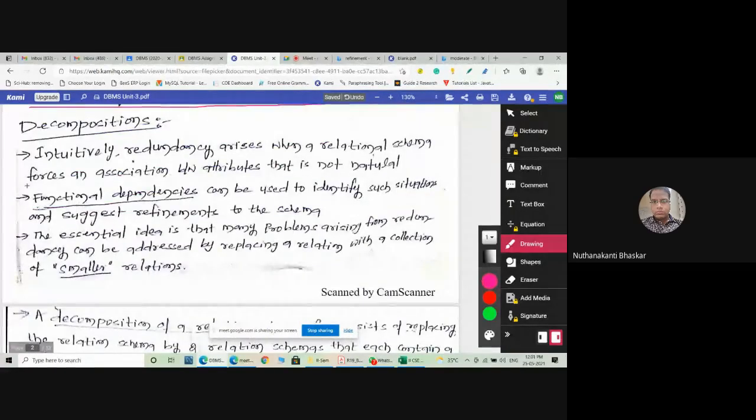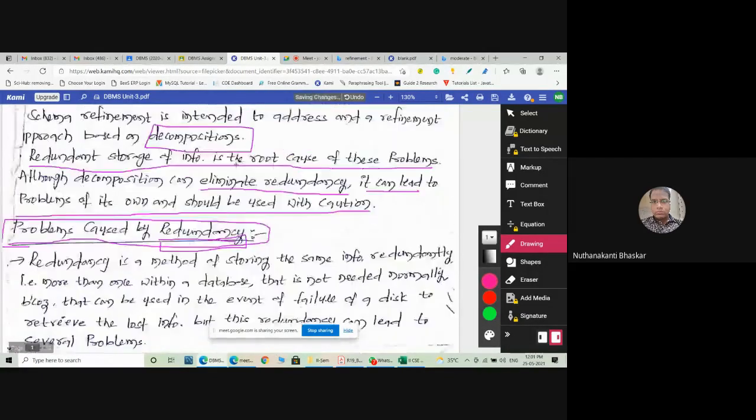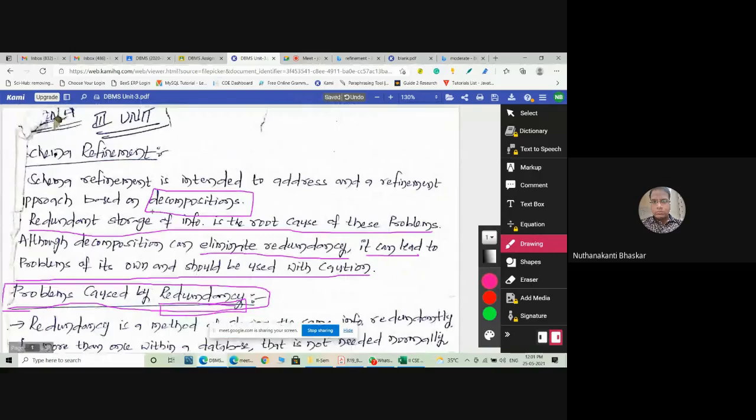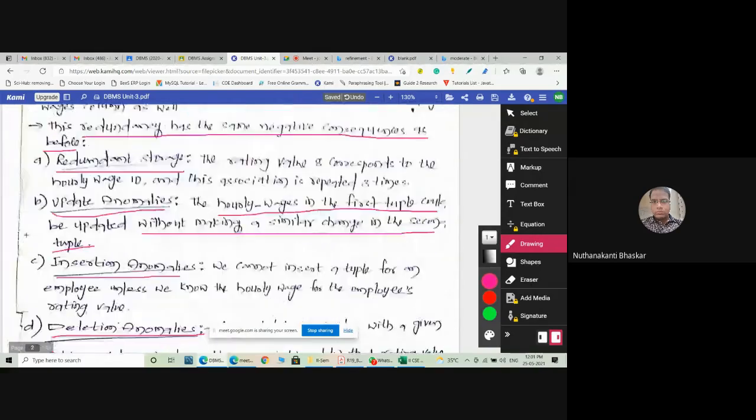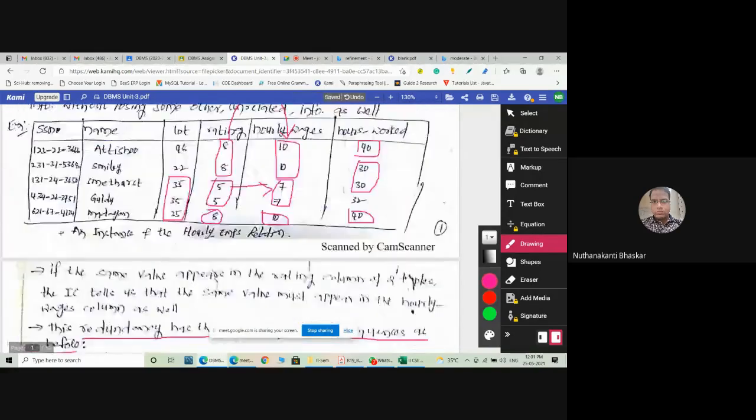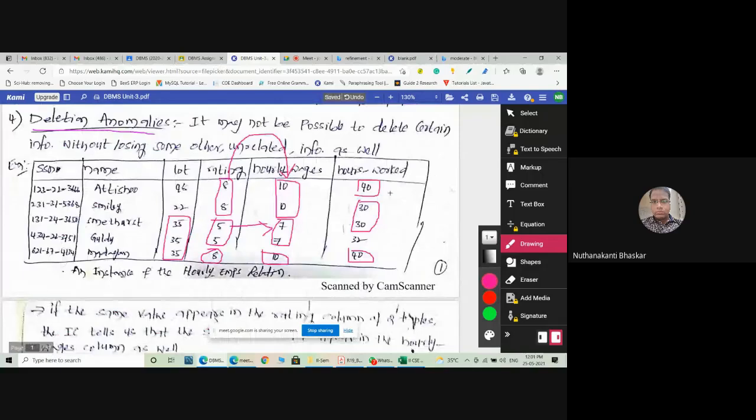Now coming to the next topic, decomposition. Here, how to decompose a relation. I told you when you want to perform schema refinement, you must apply decomposition. Now we observed this table is having redundancy. Yes, it is.